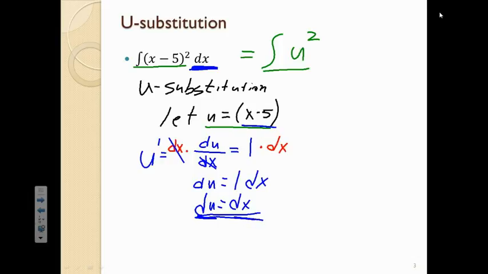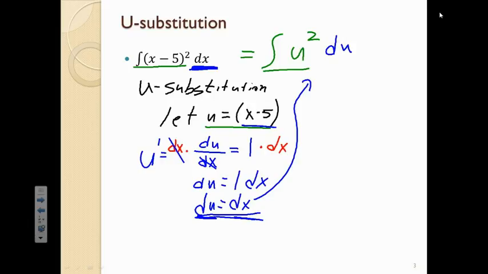So in rewriting it, I take this up here and say that du is equal to dx, so I can substitute it with du. Now, I can do the integral with this. It's easy. We're going to be working with u to the second power, and we want to integrate this.